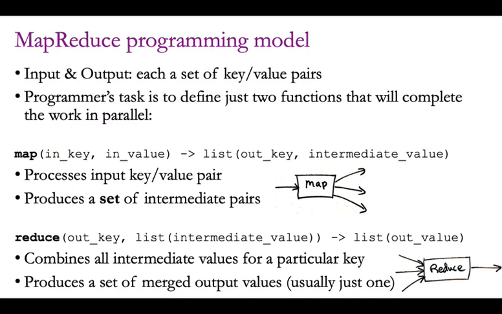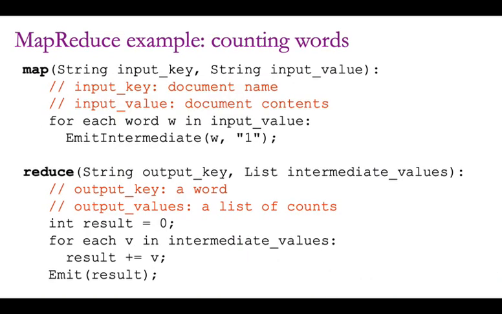And reduce will take those intermediate values for each of the keys and produce a list of outputs. These are two very abstract functions that could do almost anything. But because it operates in two stages, and because many maps can happen at the same time and many reduces can happen at the same time, it can solve problems in parallel.